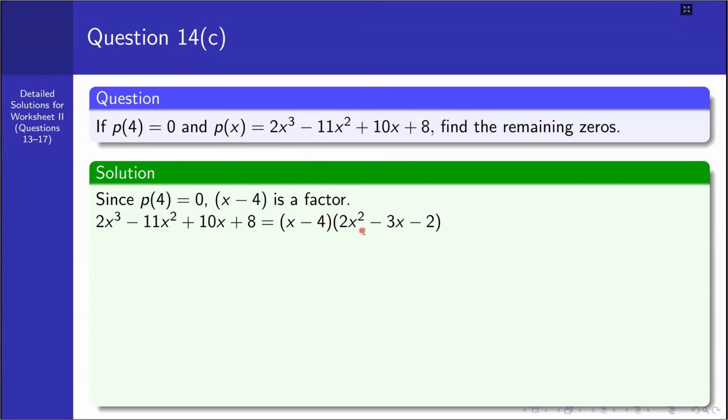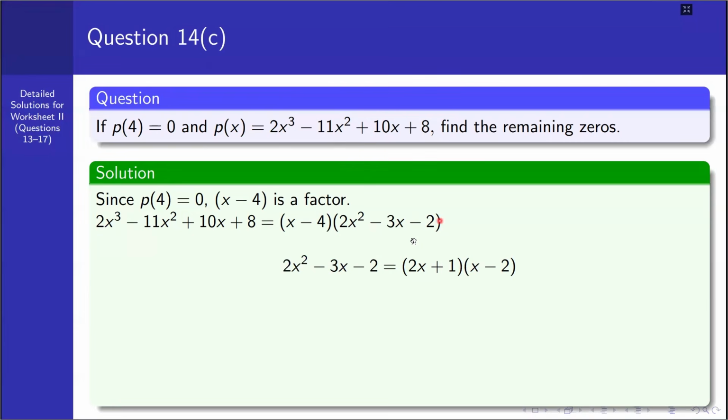After factorizing in this way, to find the other roots, we have two remaining roots. Those roots could be the roots of this quadratic expression, 2x squared minus 3x minus 2. The roots of 2x squared minus 3x minus 2 can be easily obtained by factorization. 2x squared minus 3x minus 2 can be factorized as (2x plus 1) times (x minus 2).